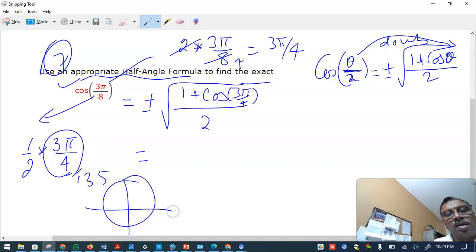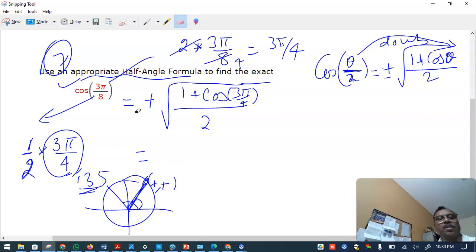But we are taking half, so half of 135 is 67.5, which is in the first quadrant. So the answer becomes positive here. So this is how you figure out the meaning of that.